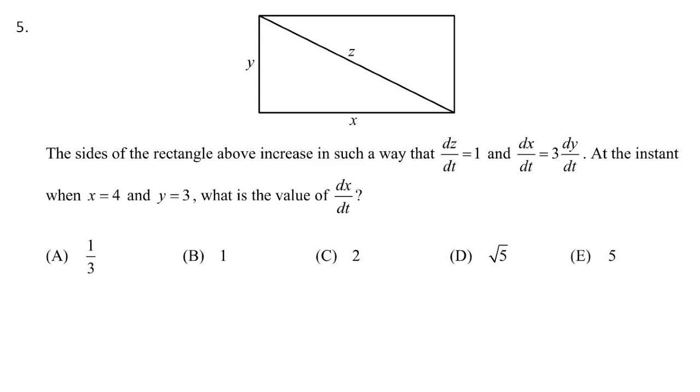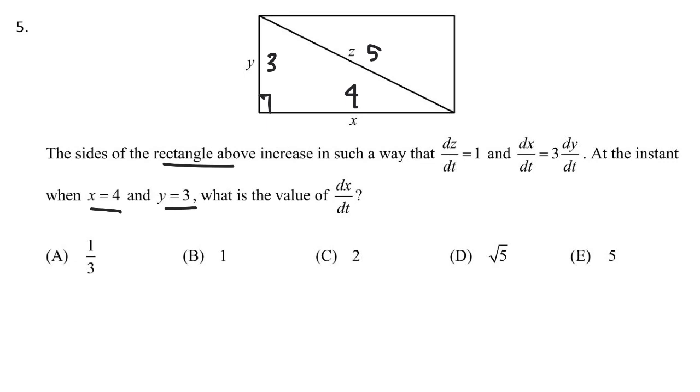Okay, and then number 5, we're given the sides of a rectangle. Knowing that this is a rectangle, we know that's a right angle. We're also given sides x is 4 and y is 3. So if x is 4 and y is 3, then we have a 3, 4, 5 right triangle, and that's always useful.